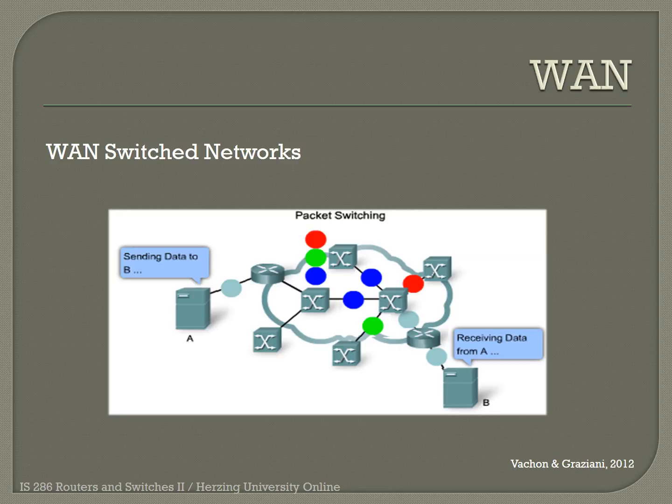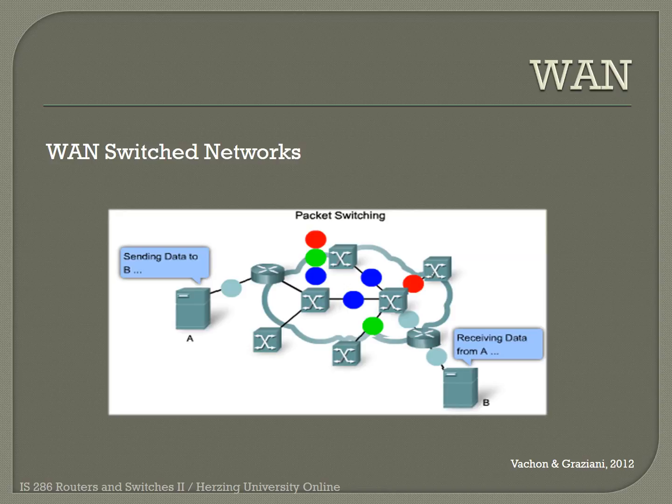In contrast, packet switched networks do not require a circuit to be established. With packet switched networks, the communication is broken up into packets that are routed over a service provider's network, or possibly even over networks owned by multiple service providers.